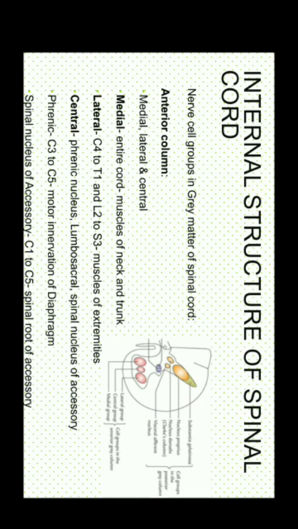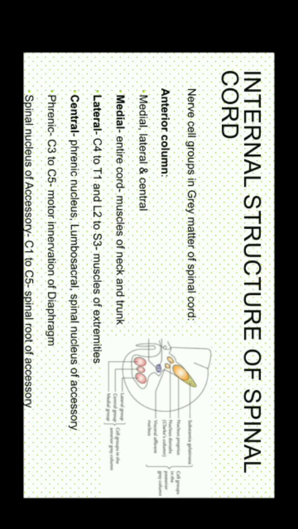The phrenic nucleus, lumbosacral nucleus, and the spinal nucleus of accessory. The phrenic nucleus supplies the diaphragm, so it is present at the level of C3 to C5. And the spinal nucleus of the accessory, you have heard about the spinal accessory nerve, the 11th cranial nerve.